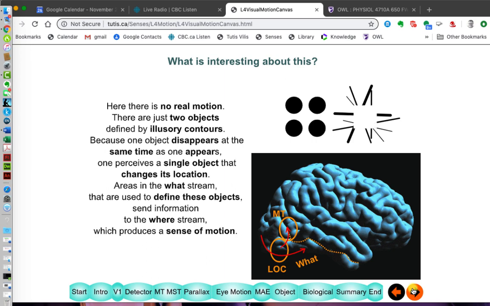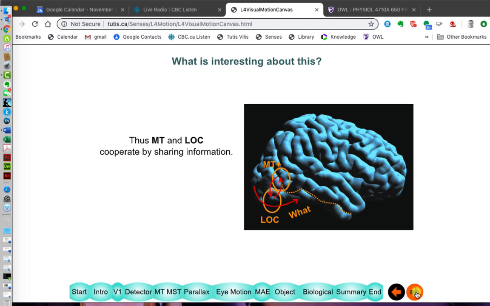So the square, the object, is being recognized in two different positions by LOC, and it sends this signal that maybe something is moving, gives you this false perception of motion. So MT and LOC cooperate in sharing information.